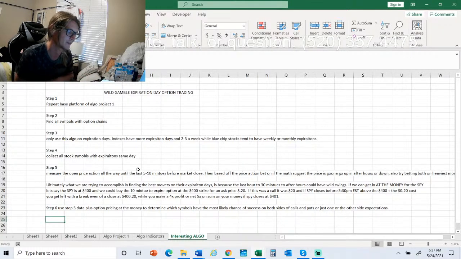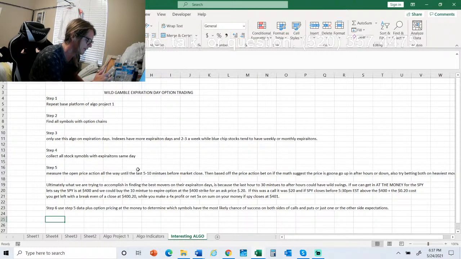Because our indicators may say we just know it's going up or down. We don't know if it's going up or down. Or it may say like we got a 70% chance it's going up, and that may be enough that we want to bet that it's going up. So it really don't matter. Like, you just got to find what you feel comfortable with, really.